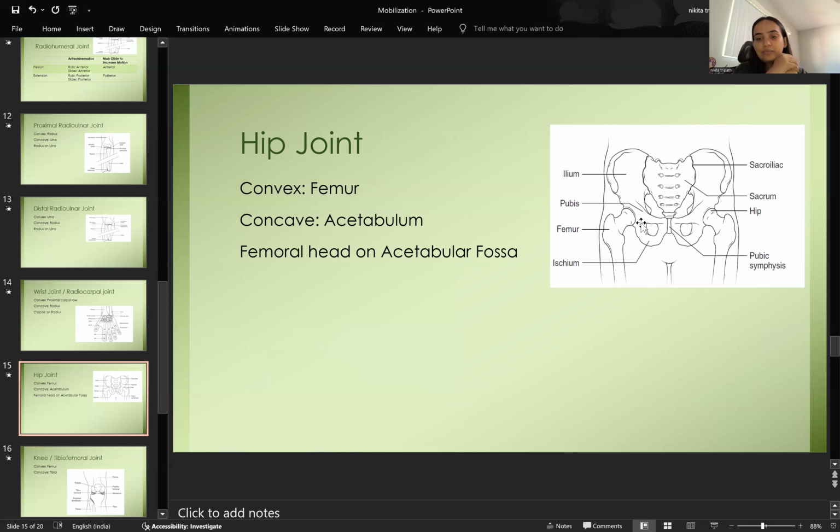Convex femoral head is moving on concave acetabulum. Okay, so if I do the flexion of the lower limb, you are moving your leg in the anterior direction. So which glide should you give? Posterior. Do the extension to kick a ball, you are moving in the posterior direction for extension.